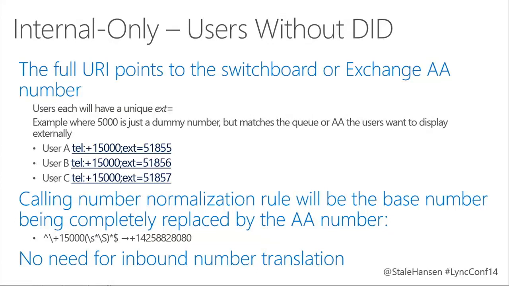They could also have their own numbers and display the correct number when going out. So you create a calling number normalization rule, and you normalize that base number, ignoring extensions, to the main number. So you don't have to create inbound number translations. I think that's a bit simpler approach, and you don't have to manipulate incoming numbers.